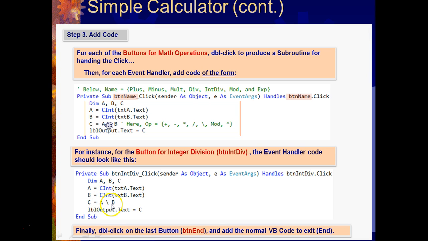And then integer division is this backward slash, and then put C into this label. Finally, double click on the last button and add the normal VB code to exit. In other words, use the reserved word, the keyword, End. Okay, let's stop.